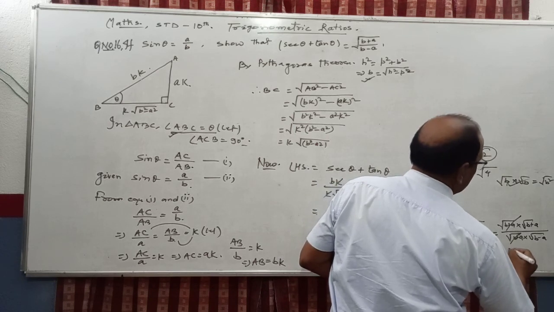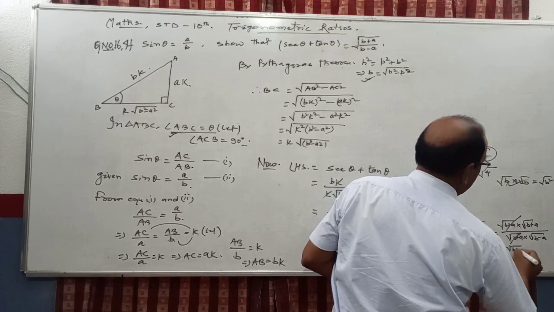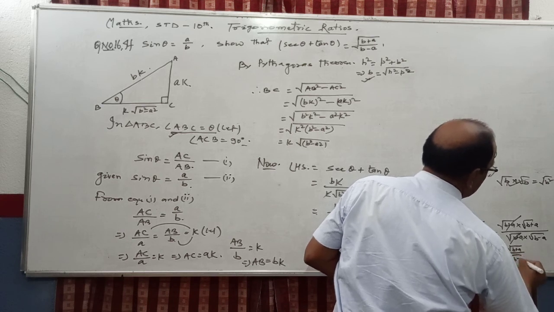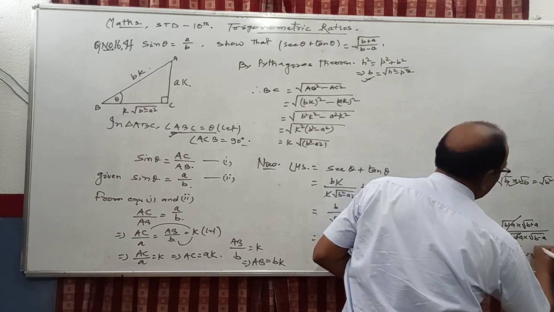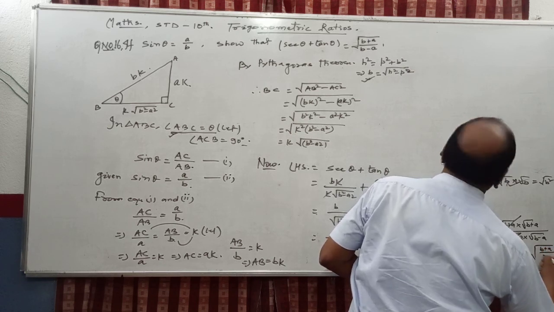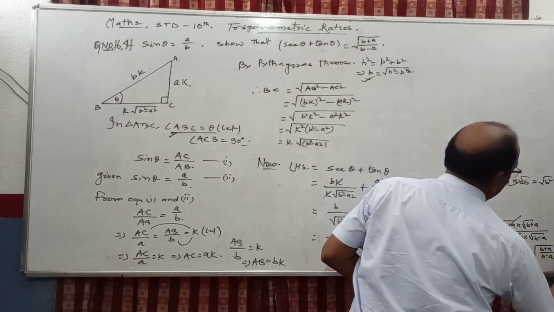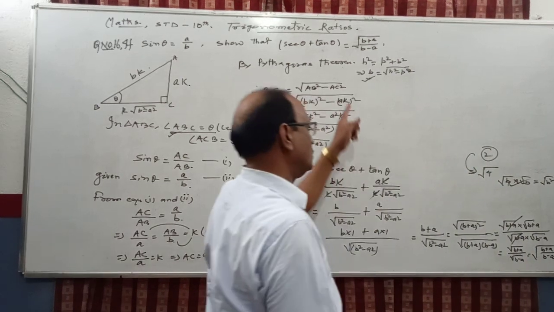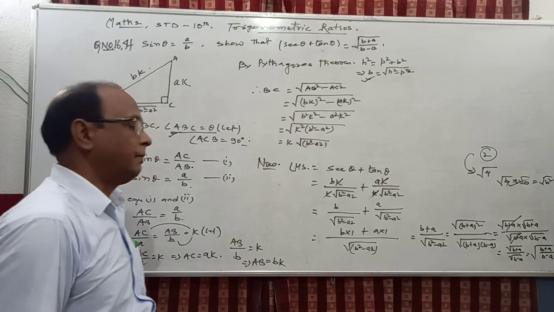It gives us under root B plus A divided by under root B minus A, and if we take the whole root, it is B plus A upon B minus A. It proved the result. So you must go through this one and again revise it. Thank you.